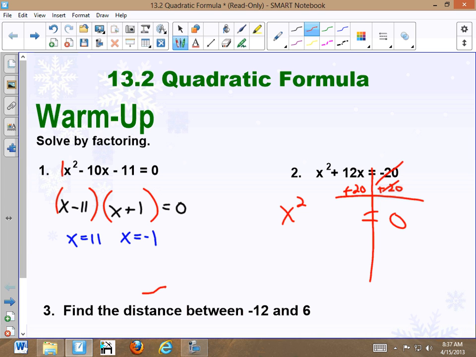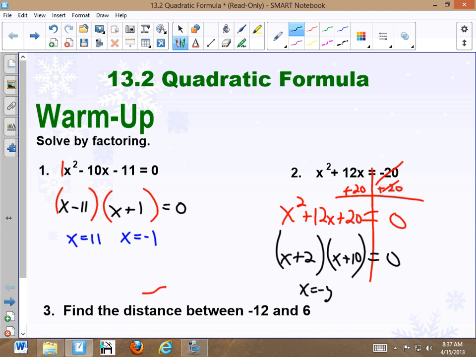So I get x squared plus 12x plus 20 equals 0. Now I can go ahead and factor. Looks like 2 and 10, plus 2 plus 10. X equals negative 2. X equals negative 10.